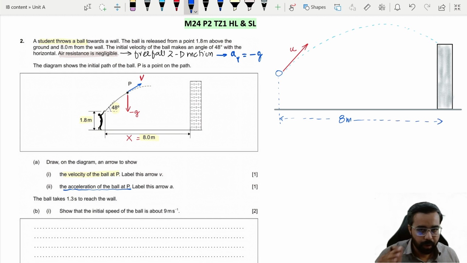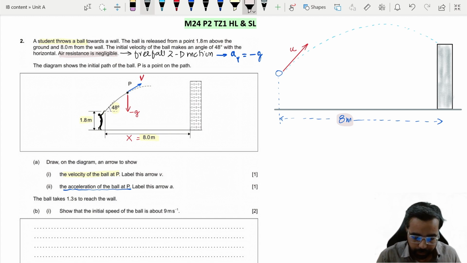So either the ball has hit the building, or maybe the ball is at this point, or at this vertical position. We don't know about that. So the ball has taken 1.3 second to cover the horizontal distance, which I have stated here, 8 meter. Now show that the initial speed of the ball is about 9 meter per second.